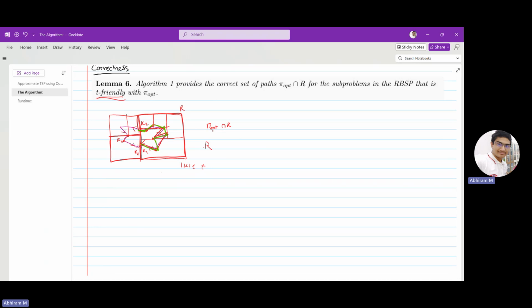Well, we would only return this if the green path is shorter than the red path, because we have definitely considered both of these paths. But if the green path is shorter than the red path, then this green path taking the union with this purple path would be a shorter TSP tour than pi opt, which contradicts the optimality of pi opt. So by contradiction, it would return exactly this.